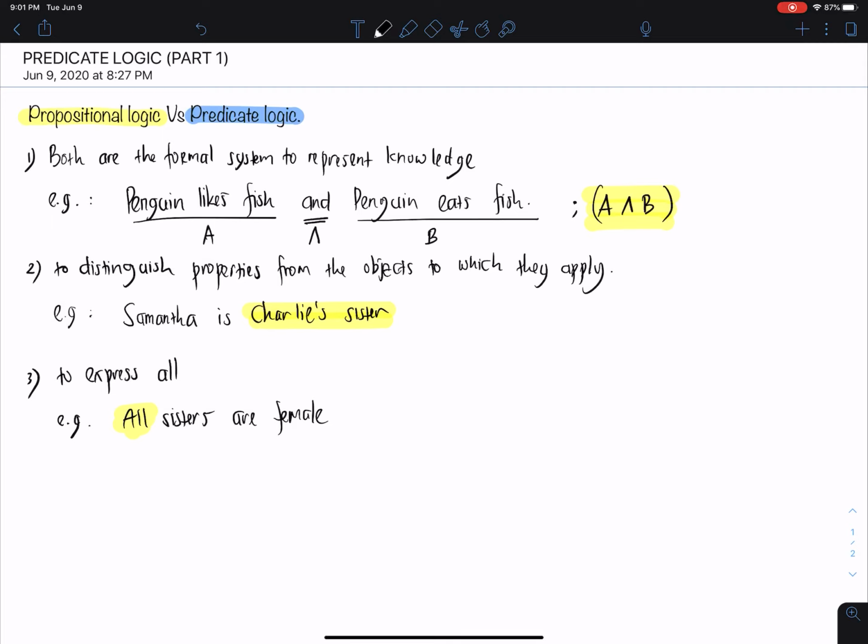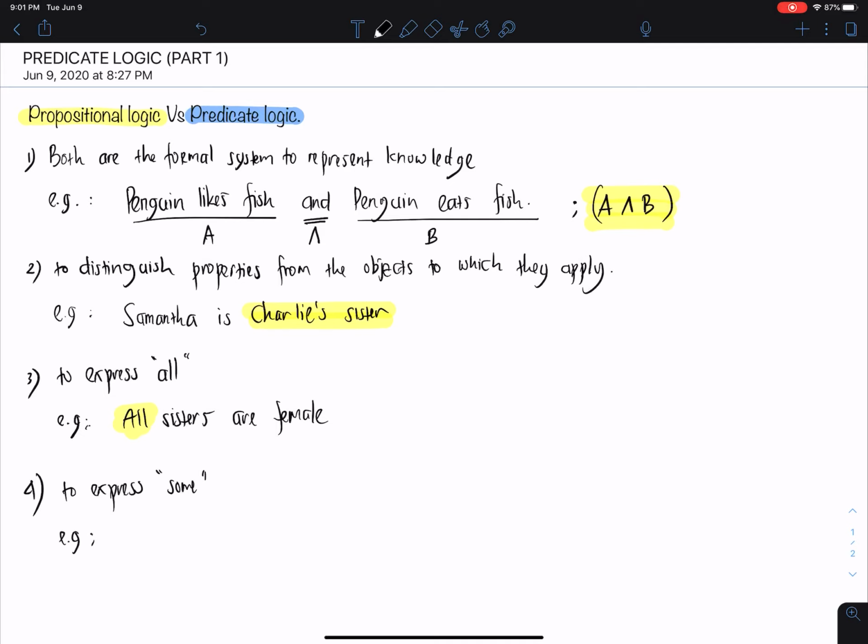Or another way, to express some. Also with this, propositional logic doesn't have the function or way to represent it.